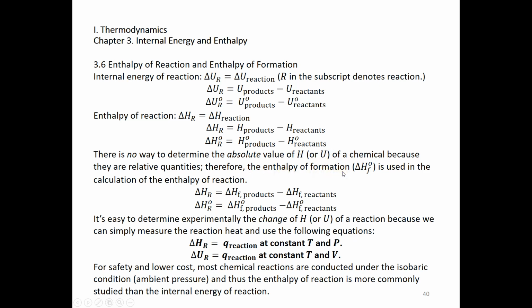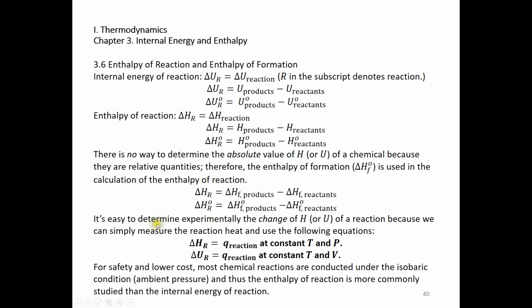So pure elements are simply chosen to be the zero references. And then it's easy to compute the enthalpy of reaction. So over here we have the standard enthalpy of reaction. It's simply the standard enthalpy of formation of the products minus the standard enthalpy of formation of the reactants.